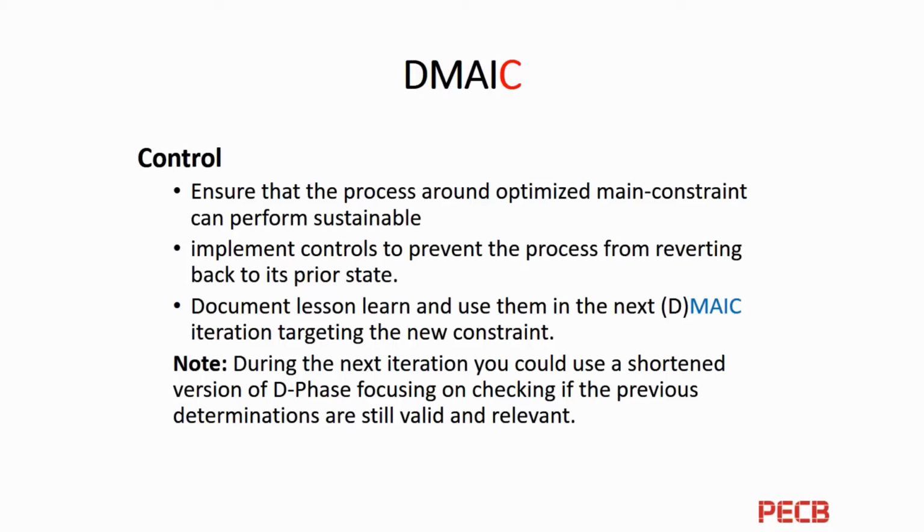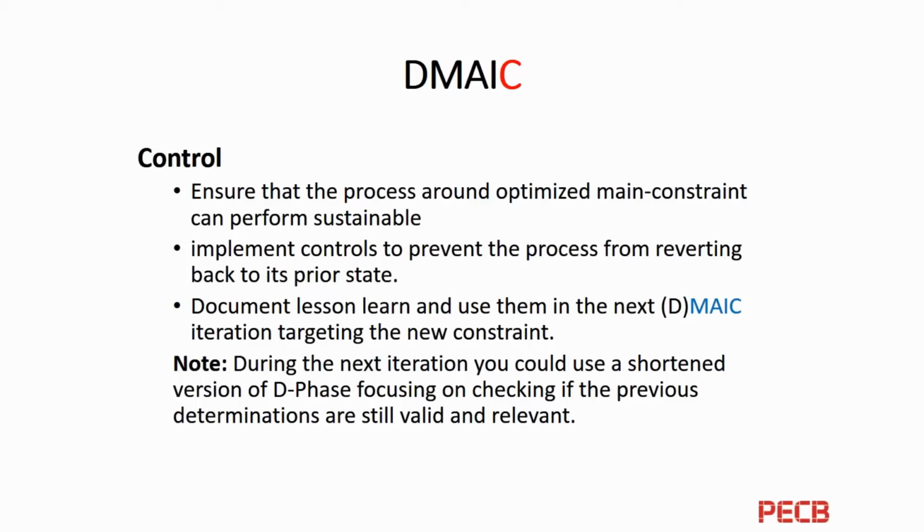And ultimately, we will have to document the lessons learned, so that in case something changes and we revert back, or we find a similar situation, we can skip the design phases and go straight forward with the next phases.